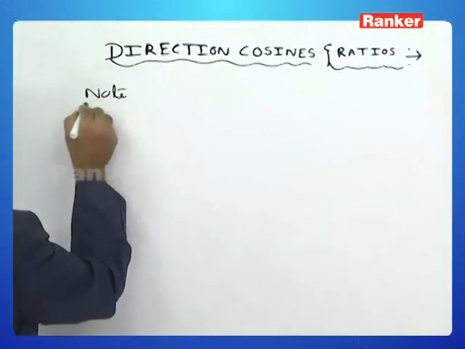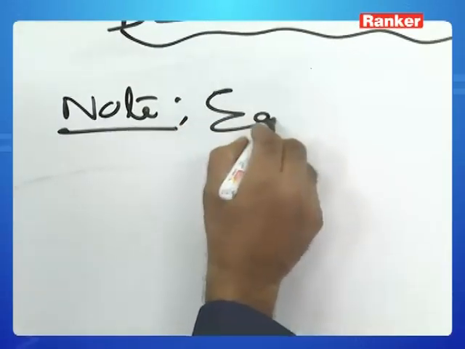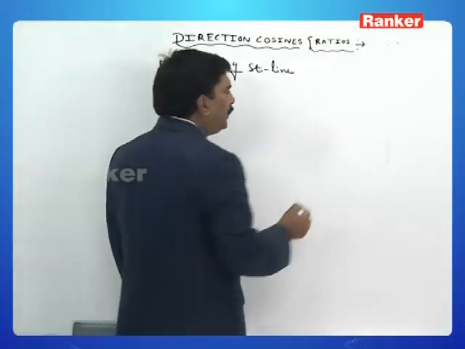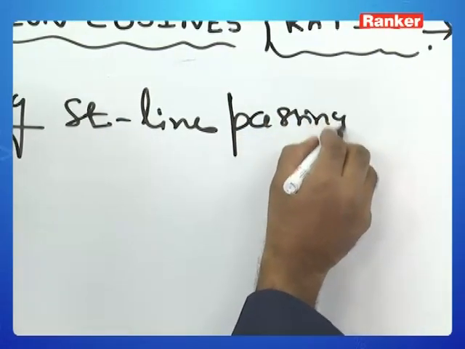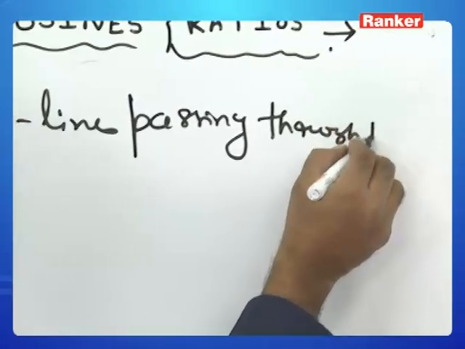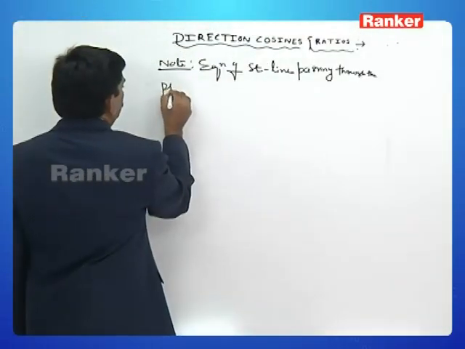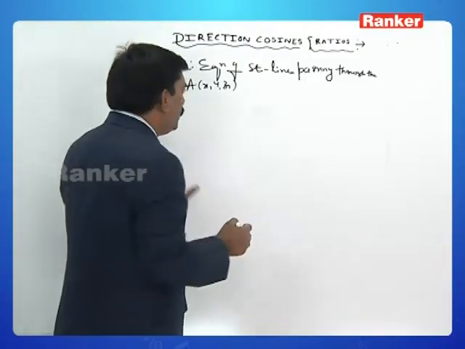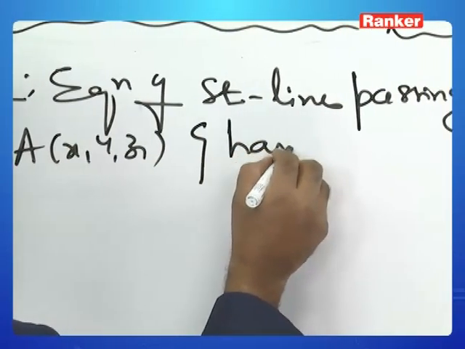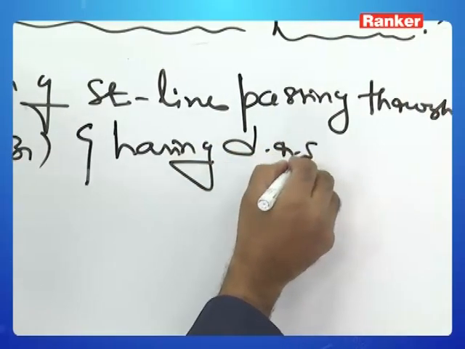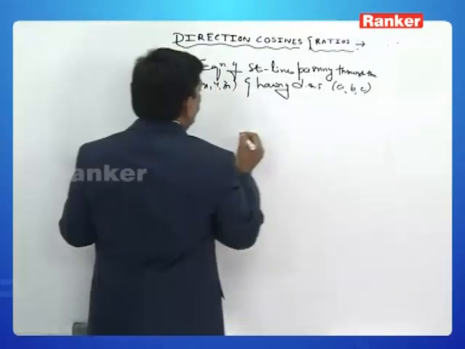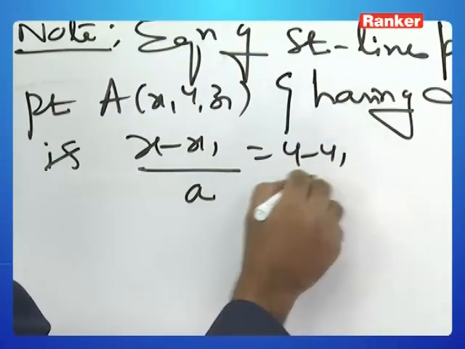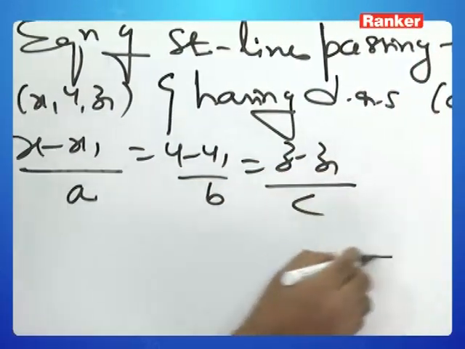Note: equation of straight line passing through the point A of x1, y1, z1 and having DRs a, b, c is (x minus x1) by a, (y minus y1) by b, (z minus z1) by c.